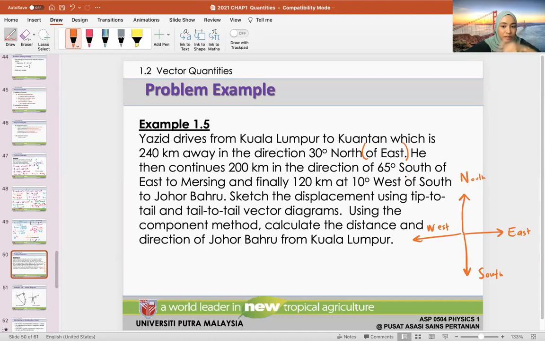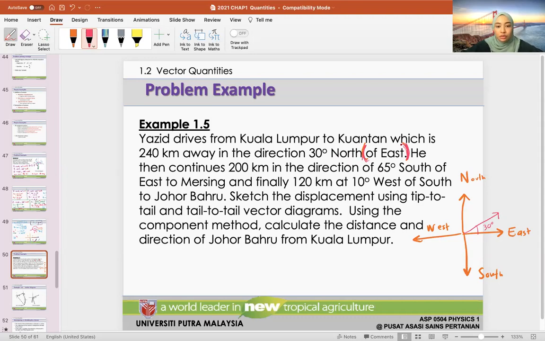So when they say 30 degrees north of east, it means east is our reference, and we go 30 degrees toward the north from east. So it's like that. 240 kilometers away in the direction of 30 degrees north of east, meaning our reference point is east.